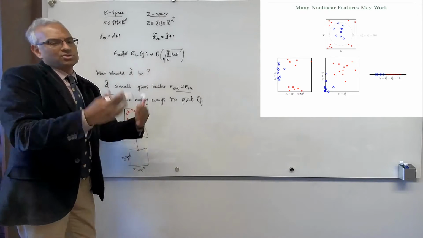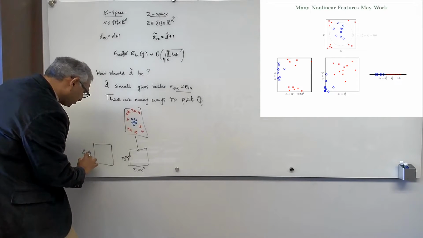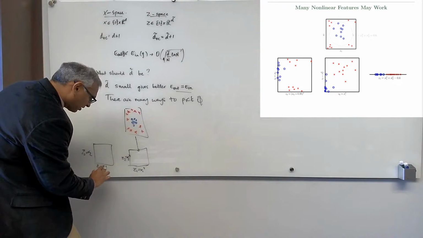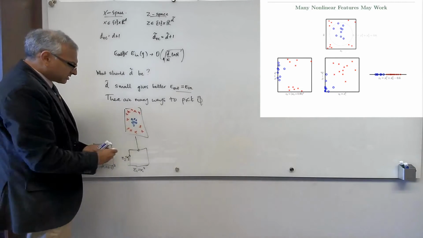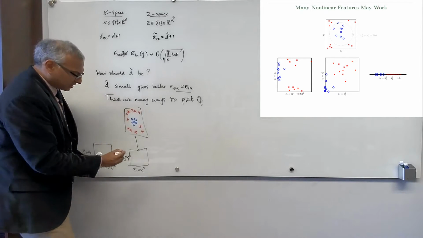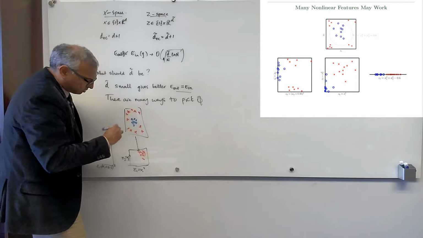And on the left, we show another transform, which is, just take Z2 equals X2, Z1 equals X1 plus something like 0.6 squared. And this one succeeds in separating the data by putting the reds on one side and the blues on the other side.